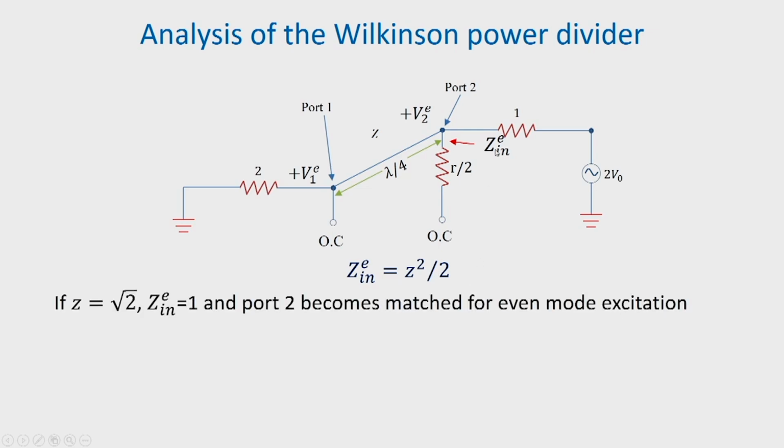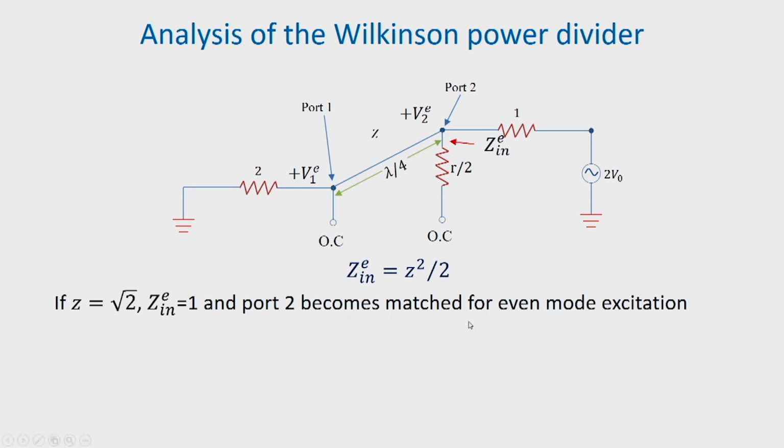Now, this Zin^E for matching has to be equal to 1, and therefore, we find that if Z is equal to root 2, normalized impedance is root 2, then Zin^E equal to 1 and port 2 becomes matched for even mode excitation.